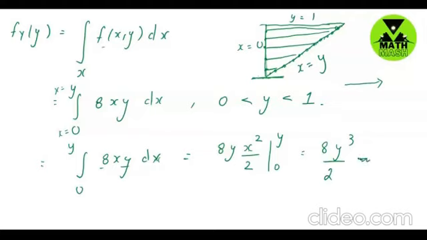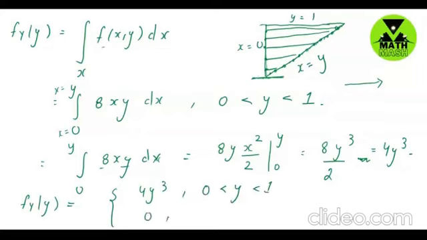So this is 8y cube by 2, which equals 4y cube. So that means fy of y equals 4y cube whenever y is between 0 to 1, and 0 otherwise. So this is the marginal density of y.